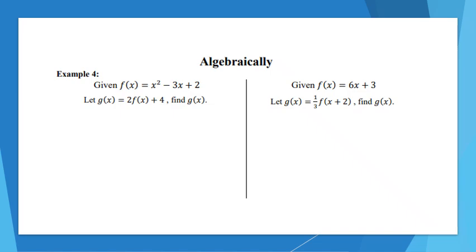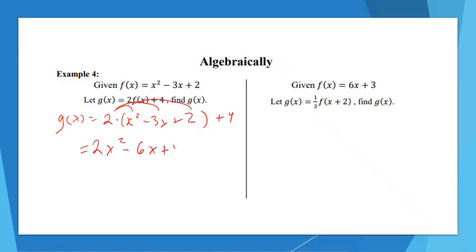All right, algebraically, pretty similar. Here, let's just work through example 4. So this is 2 times our f of x, our function, which is x squared minus 3x plus 2, and then plus 4. So just make sure you distribute the 2. And then you still have that plus 4 in the end.